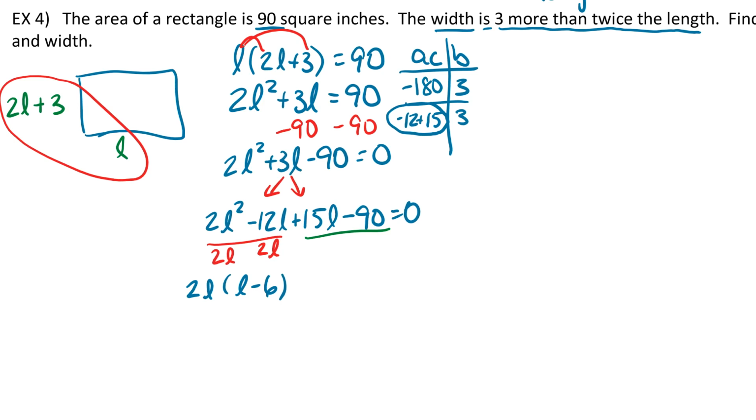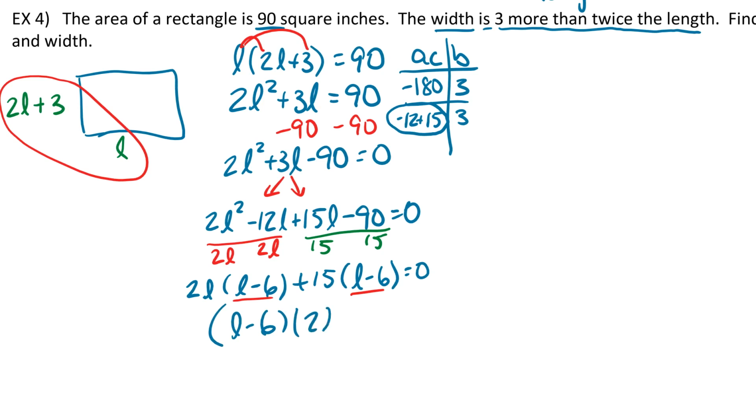And for the second group, we can take out a 15, which can give us plus 15 times L minus 6. Insides match. So since the insides match, we have L minus 6 times 2L minus 15 equals 0.